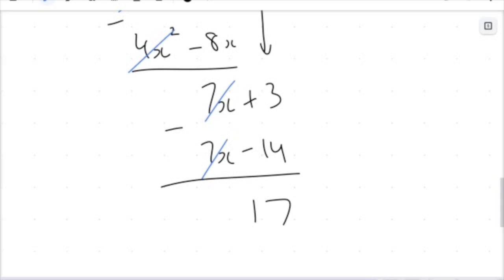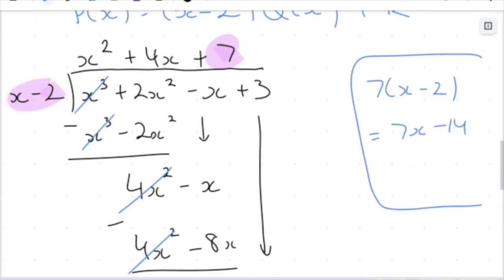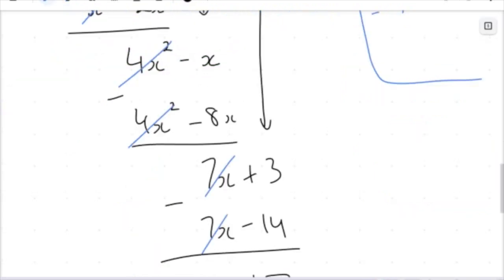Okay, so now we've got our remainder. We found our divisor here that I've got highlighted, x minus 2. And we've got our quotient here. So now we can write it in this form that we talked about before.